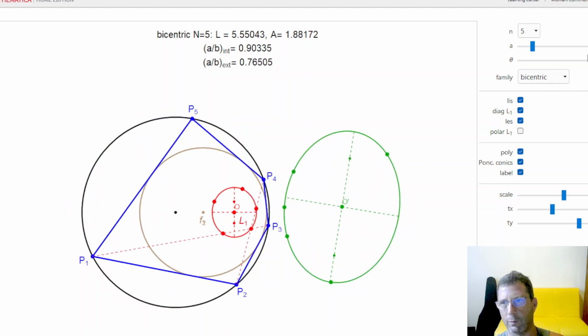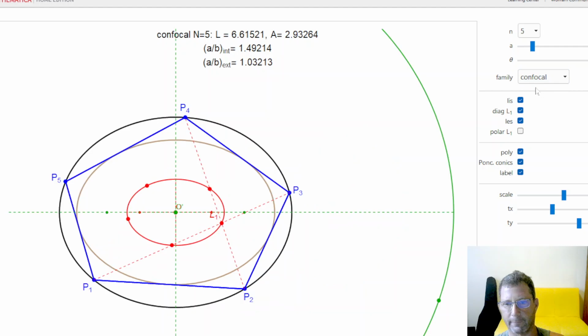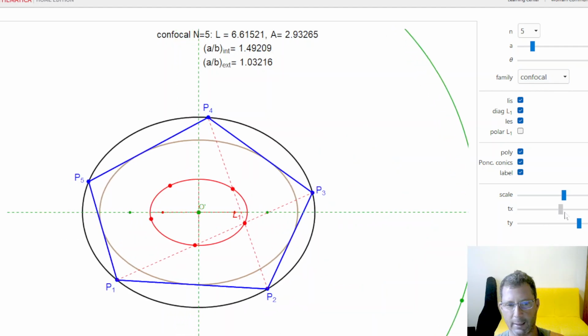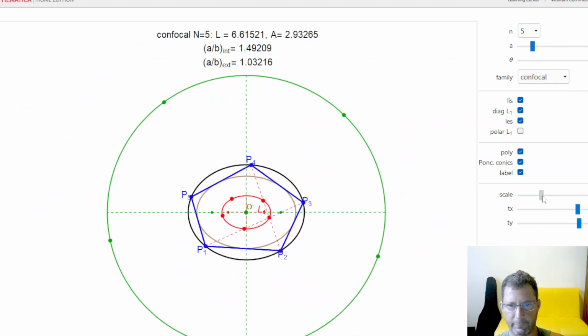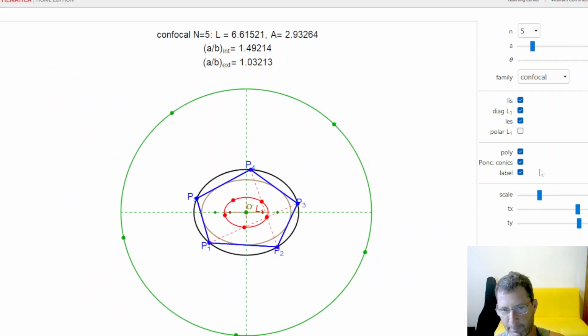Let's try now the confocal family. Now let's center that on the screen. You can see that something interesting happens for the confocal case. I'm repeating the same thing, taking 4 at a time out of these 5 points. I'm computing the inner limiting points, which are the midpoints of the diagonals. For example, here I'm only considering P1, P2, P3, P4.